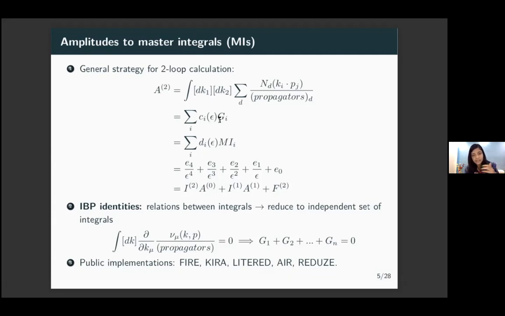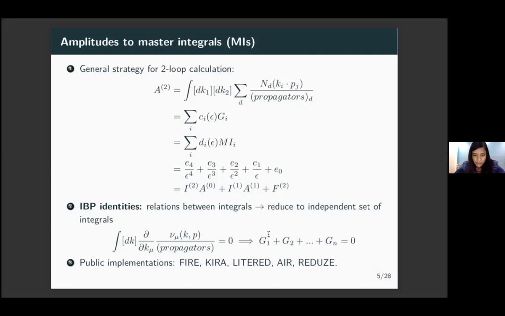How we make use of these relations is with the help of something we call IBP identities, which is nothing but integration by parts identities. So this is the identity which we can apply on this, and this tells us that all these G's are not actually independent. There are relations between them. Using these identities, you can find the minimal number of independent integrals you want to evaluate.